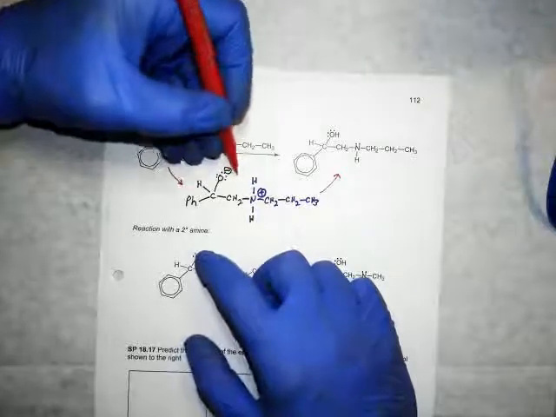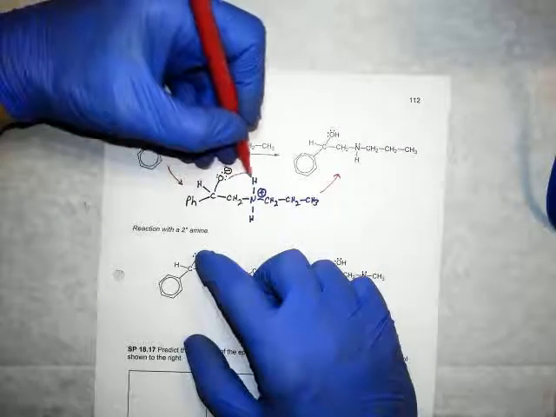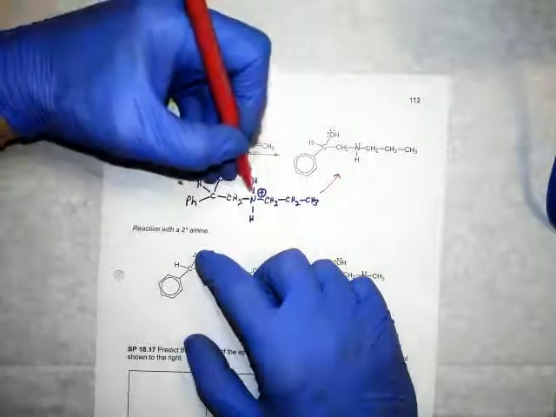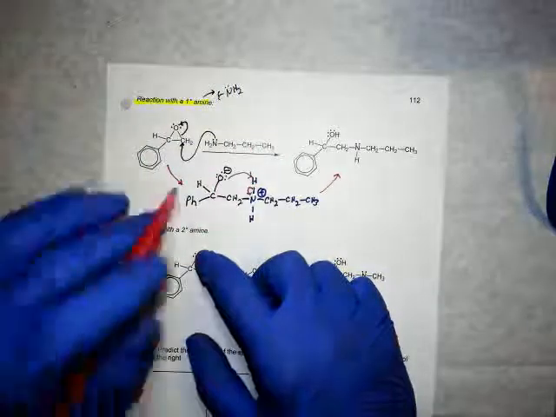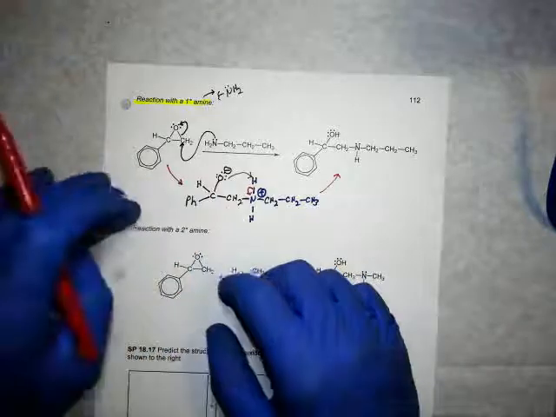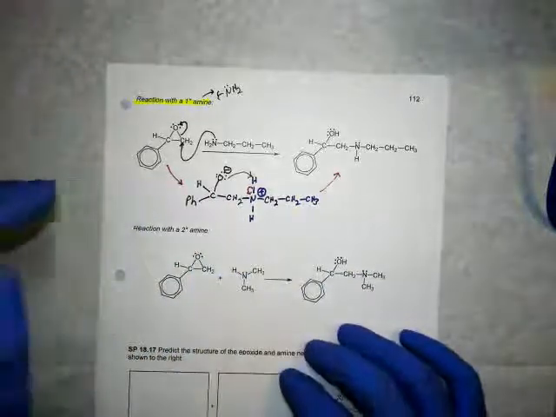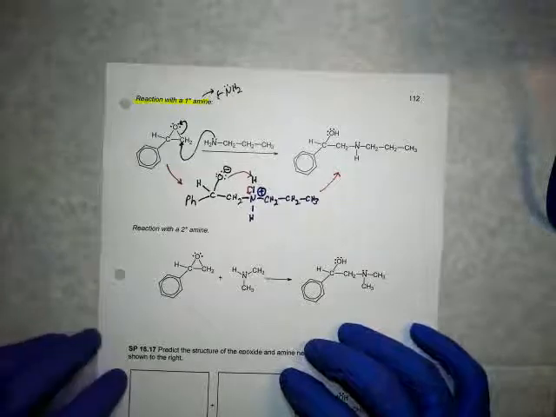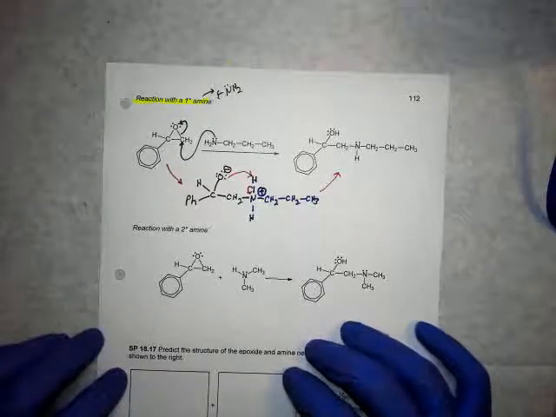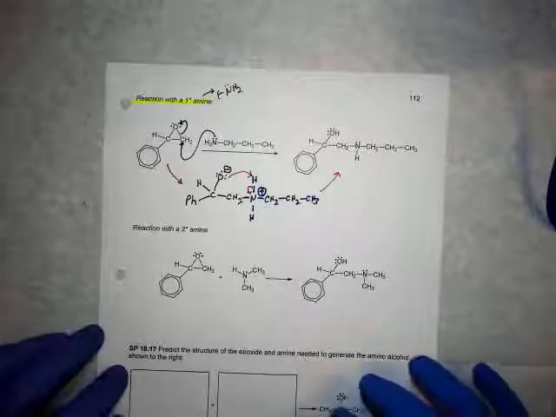If it would curl up a little bit, the lone pair here can grab onto that proton, and that pair of electrons returns as a lone pair. So this would be an intramolecular proton transfer. It is, but it can happen intermolecularly as well. Either way, we don't really know. It just depends on how concentrated the solution is.